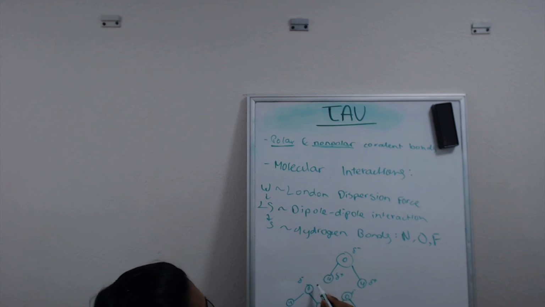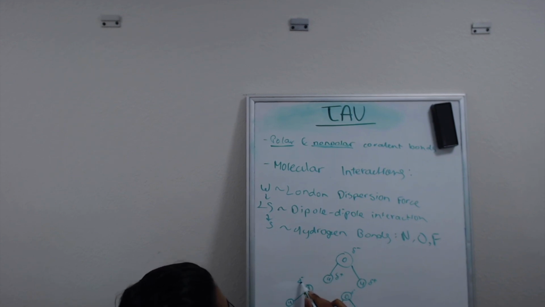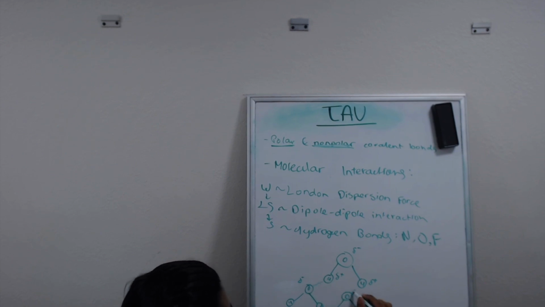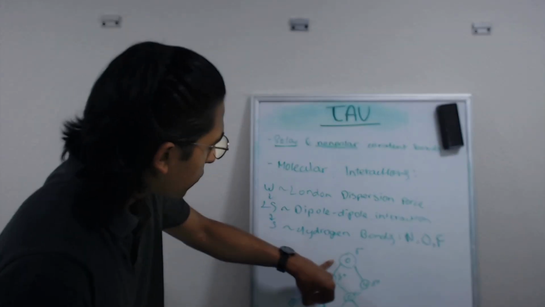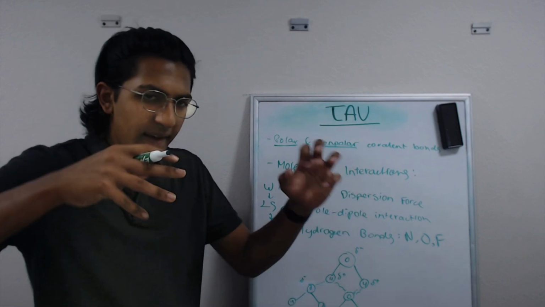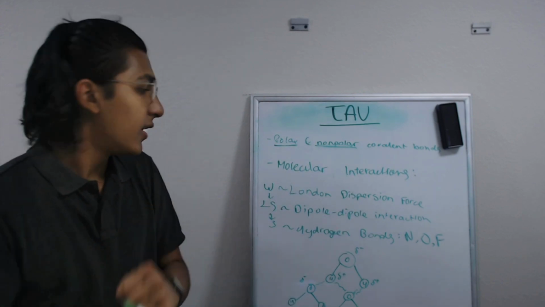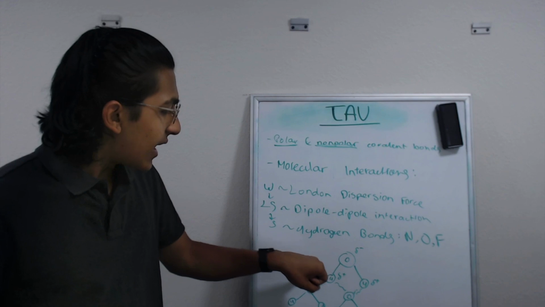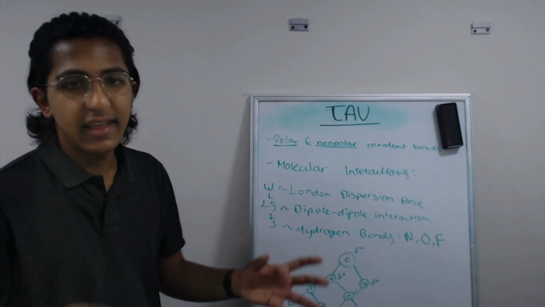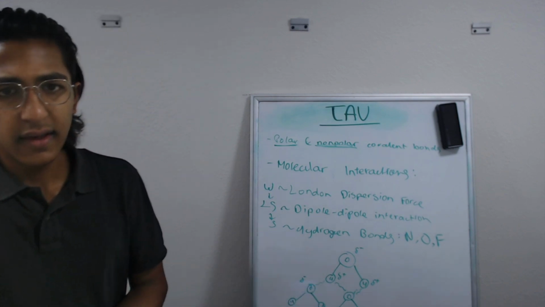So what happens is the partially positive hydrogen and partially negative oxygen are attracted to each other. They form bonds. They're not as strong as covalent or ionic bonds. They're not like firm gripping bonds, right? But the attraction is high enough that they tend to stick together.